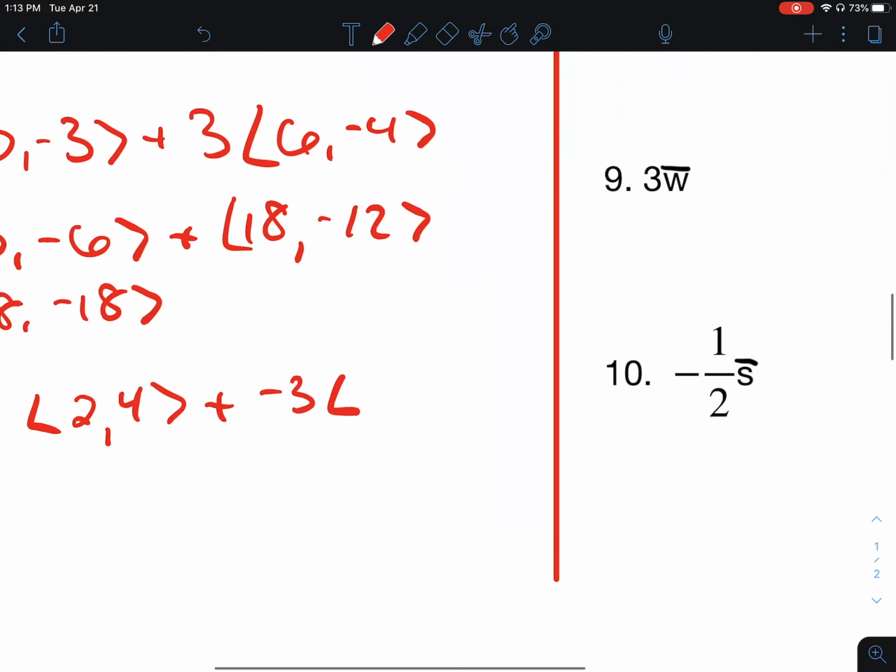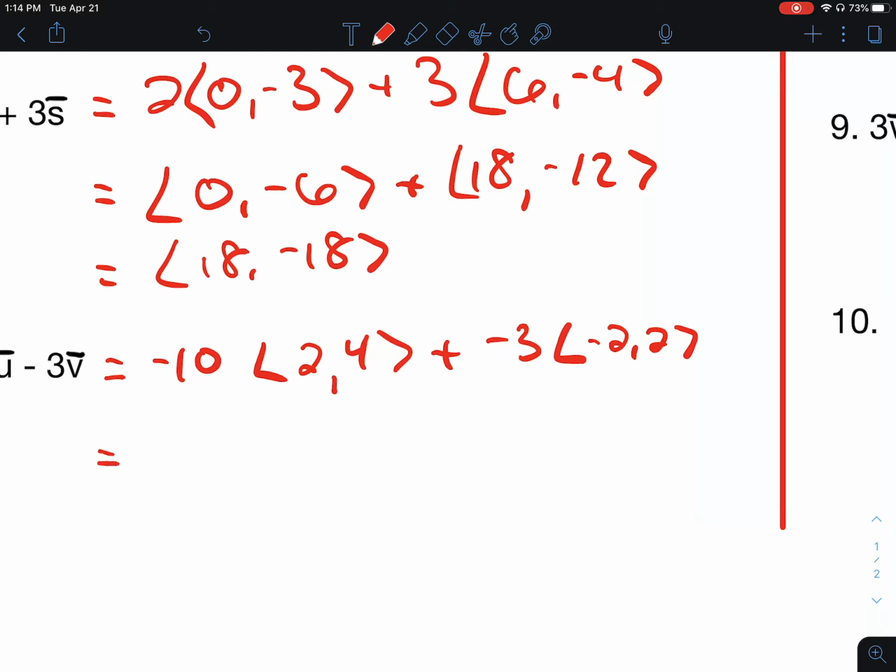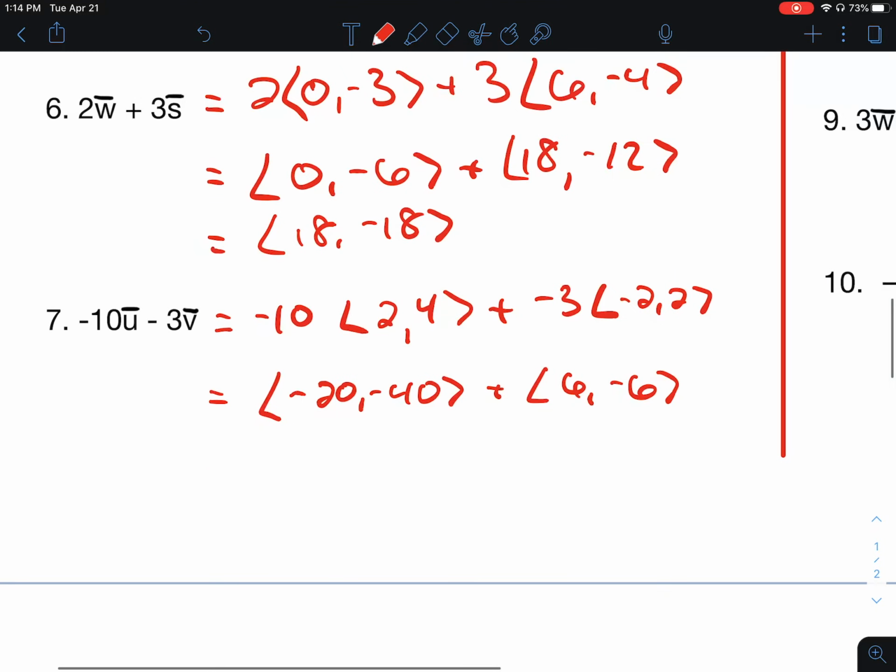V was negative 2, 2. It's going to give me negative 20, negative 40, plus 6, negative 6. Add the x components together, you get negative 14. Add the y components together, you get negative 46.